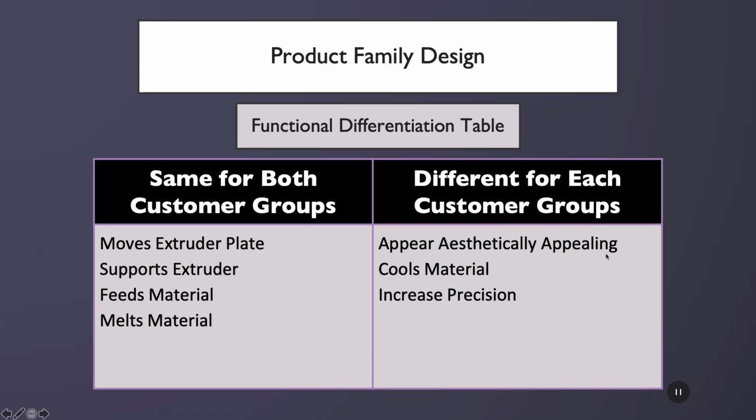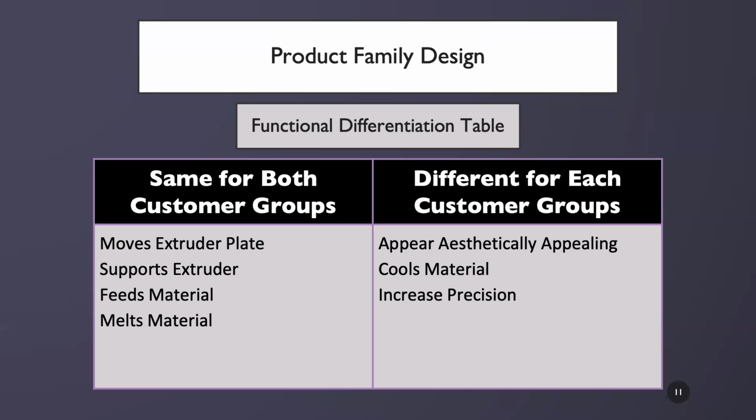Now Ozzy will tell us about the functional differentiation table. This table refers to the functionalities between both products that we are covering. Remember that the first one is for the hobbyist and the second one is for company people.